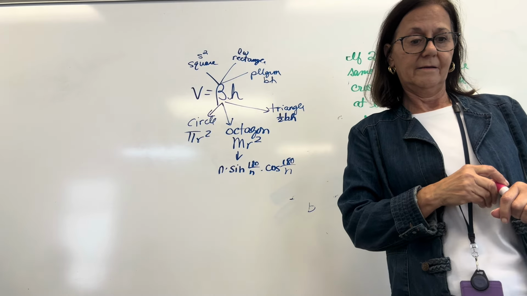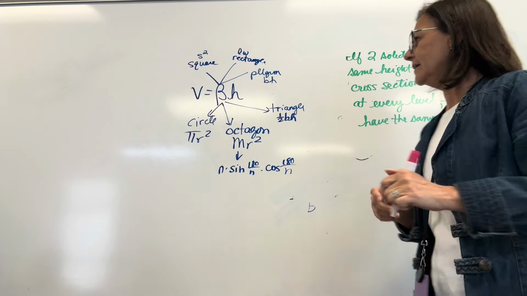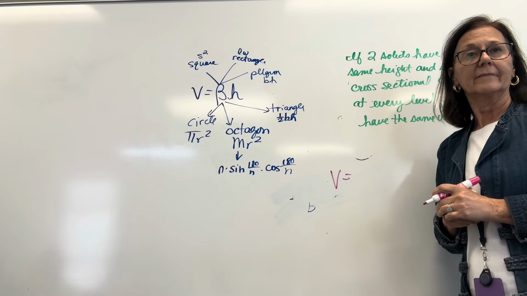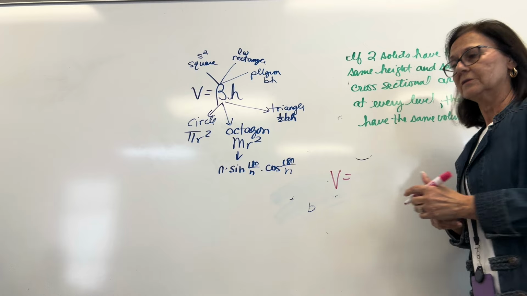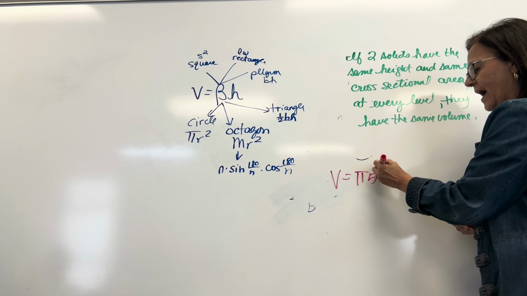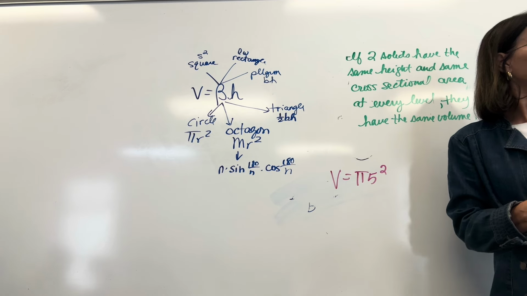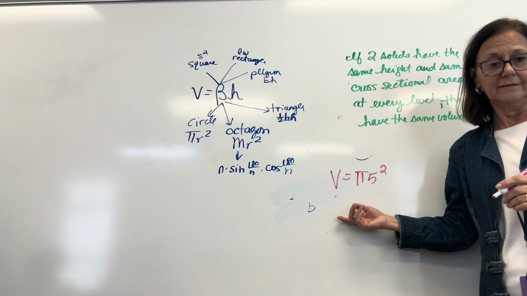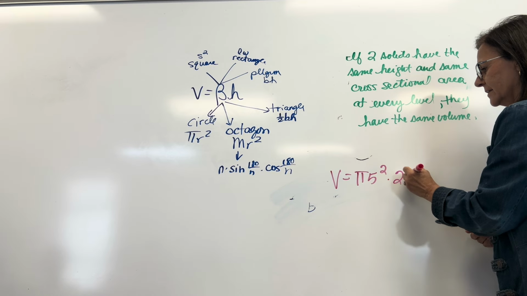Okay, give me the whole formula. Volume equals base times height. Pi times 5 squared. That's the area of the base, right? Times the height, 22.